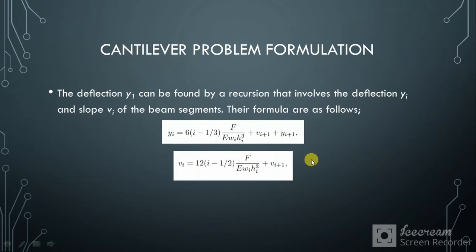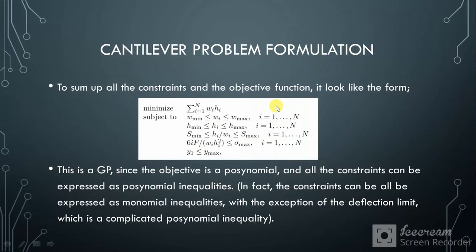The deflection y can be found by a recursion that involves the deflection y and slope v of the beam, and their formulas are as follows: the first one for deflection and the second one for slope. Now, to sum up all the constraints and the objective function, we can write our cantilever beam problem as given here.